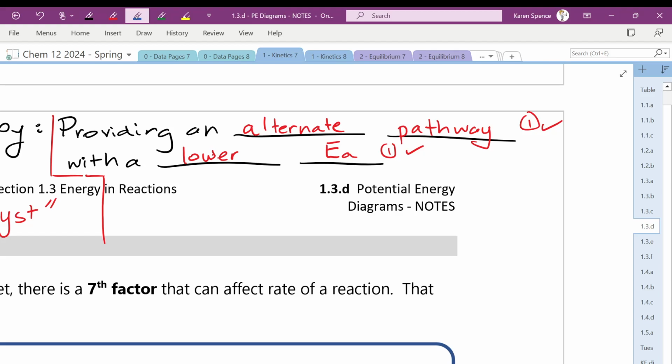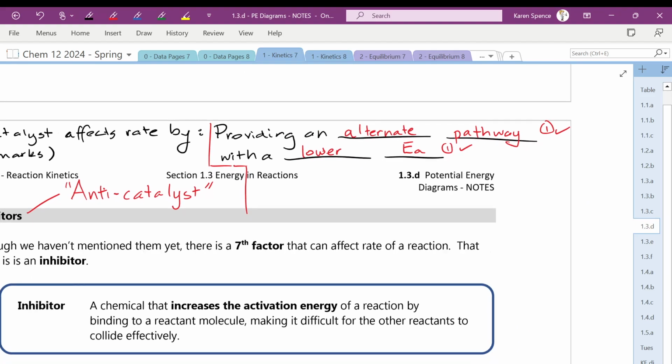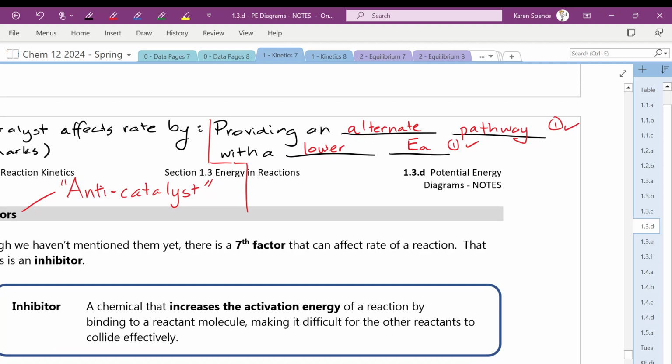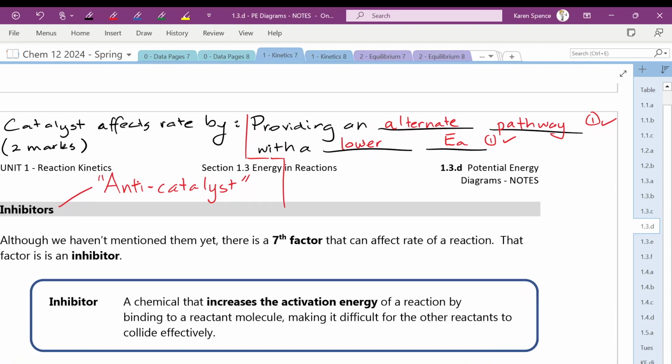What else do we need to add if it's a 3-mark question? It says talk about collision theory.